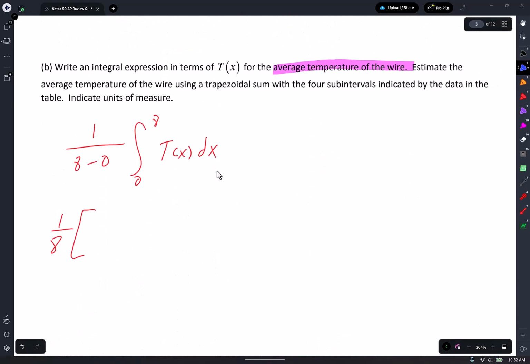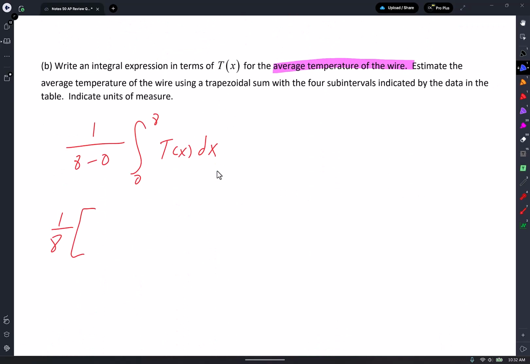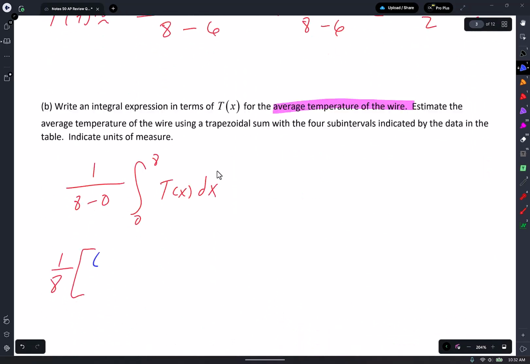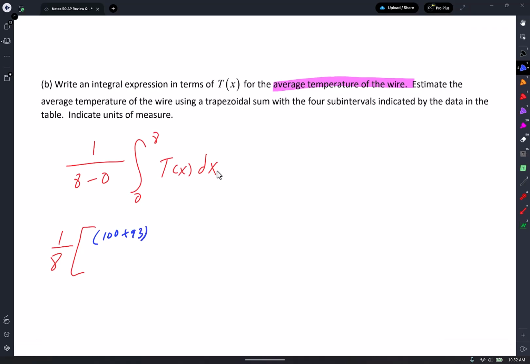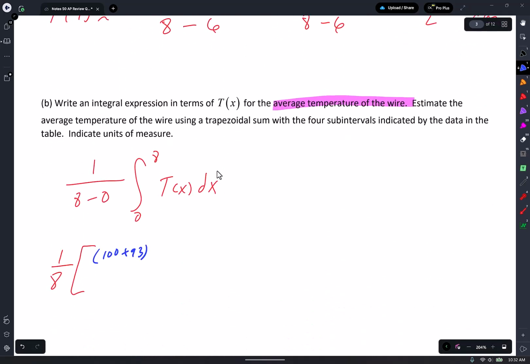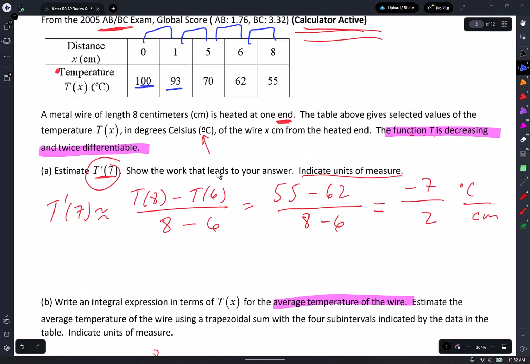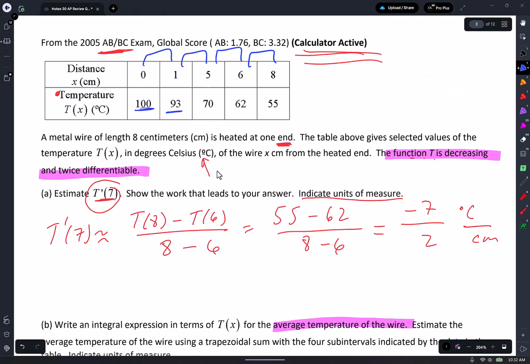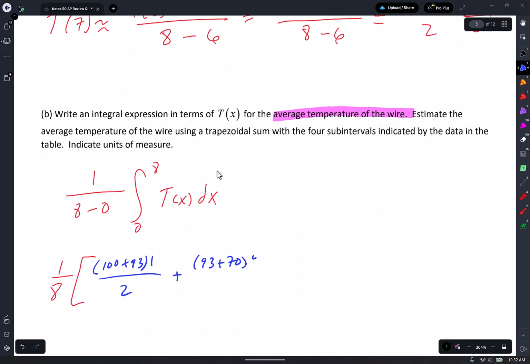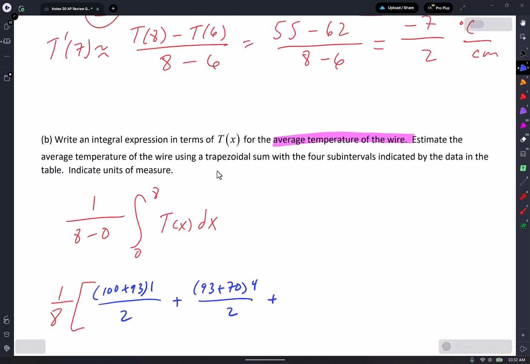So here it is. I'm going to put 1/8, and I'm going to write base 1, which is 100, plus 93, times, what's the difference between 1 and 0? 1, divided by 2, there's my first trapezoid, plus. Then I'm going to go 93 plus 70 times 4 divided by 2, plus.